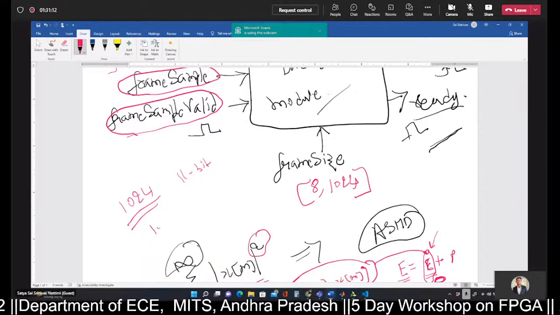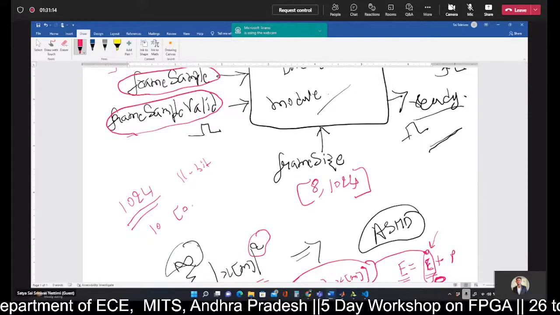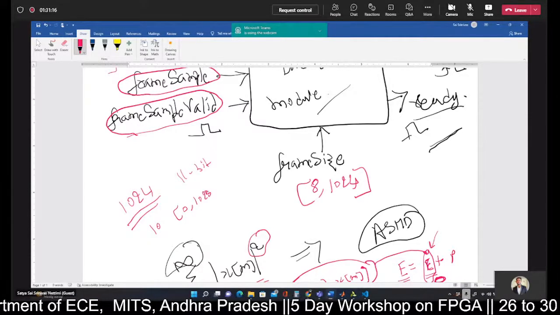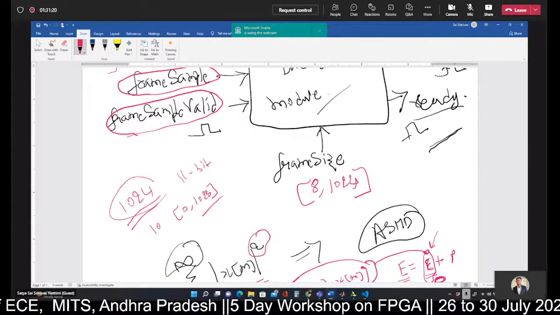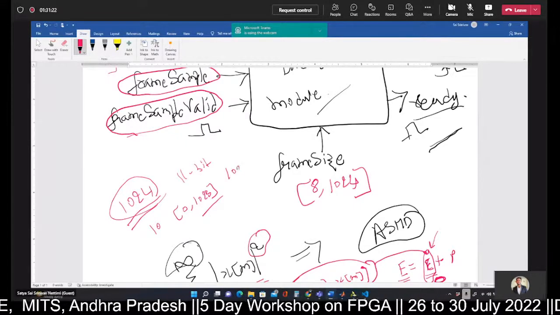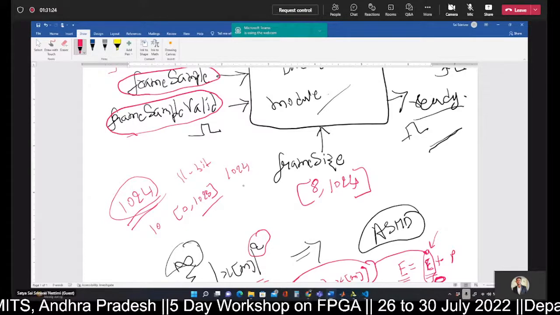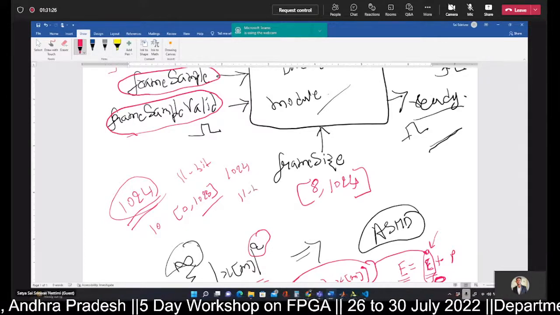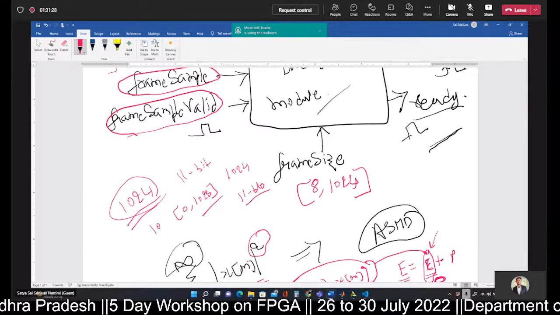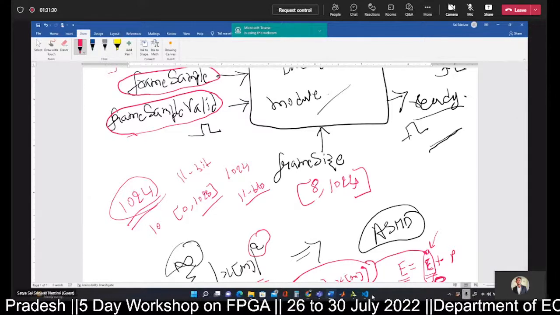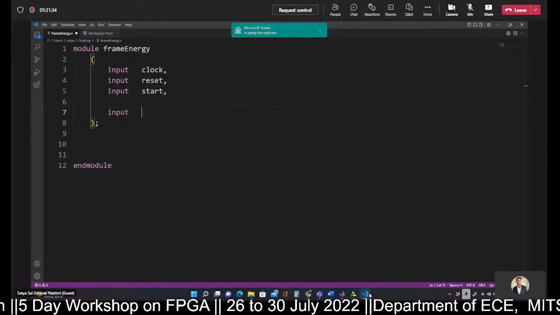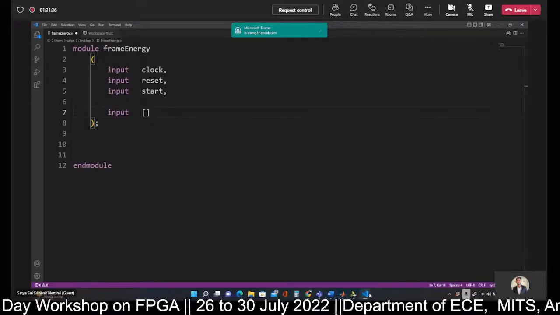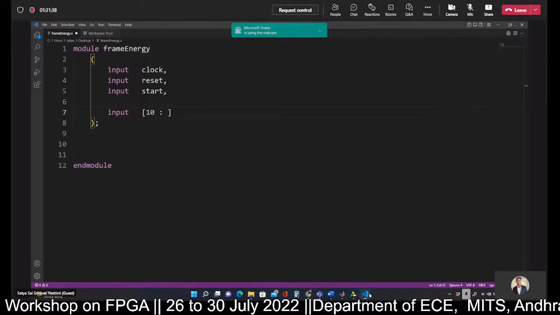If you use 10 bits, we can represent 0 to 1023, but you cannot represent 1024. In order to represent 1024 in binary, you require a total of 11 bits. So our frame size input will be 11 bits: input 10 down to 0.